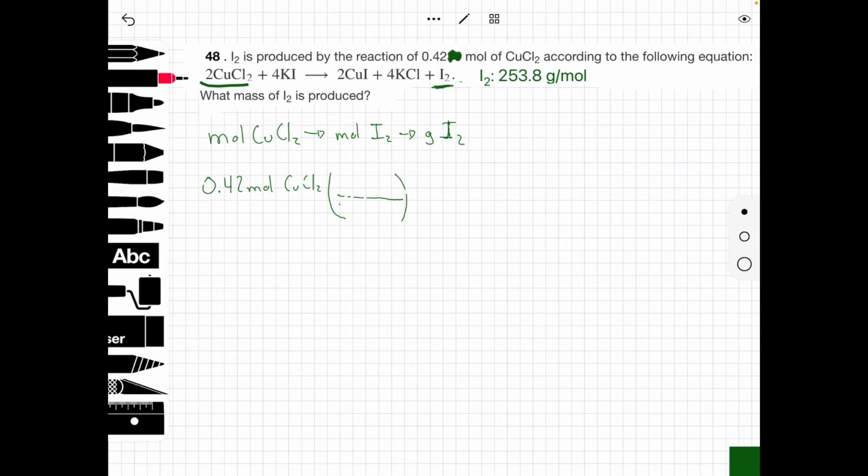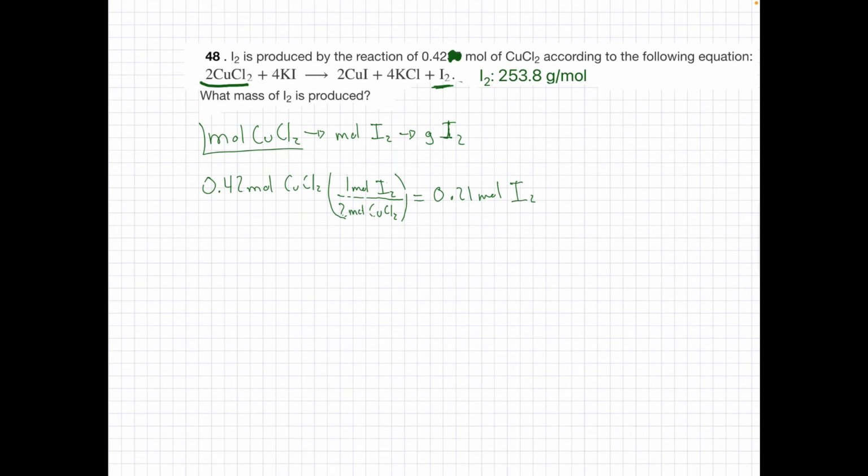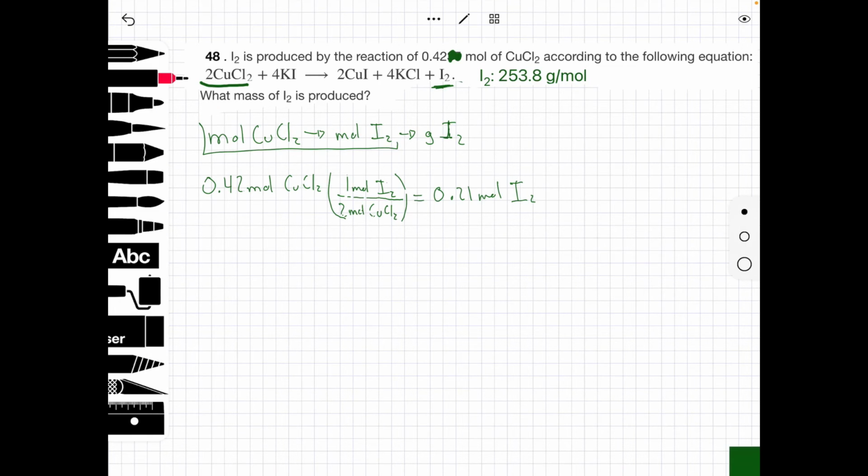We mentioned it was 2 moles of copper 2 chloride with 1 mole of iodine. The result of this is 0.21 mole of iodine. So now we have moles of iodine. We already go from mole to mole.